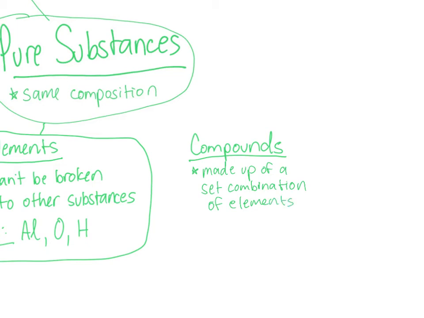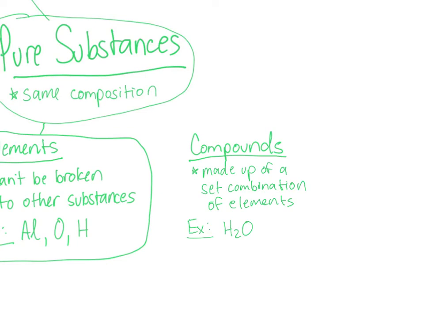Okay, so in a compound, no matter what, it will always be the same elements put together in the same ratio. So when I ask you what's a compound, the first one that your brain probably goes to is H2O, right? You've heard of H2O, it's water. But what that H2O is really saying is that no matter where I get my water from, it's always two hydrogens and one oxygen put together, okay?